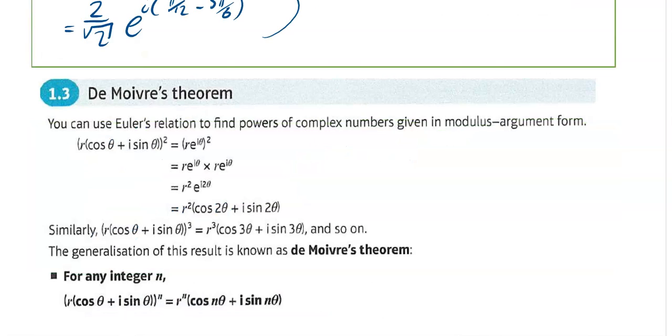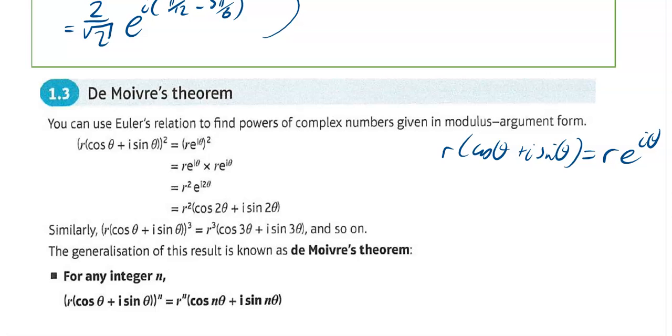Okay, our last thing here in this bit of notes is on De Moivre's theorem. So, Euler's relationship, which was our e to the i theta, or our exponential form, tells us that r(cos theta plus i sin theta) is the same as r e to the i theta.